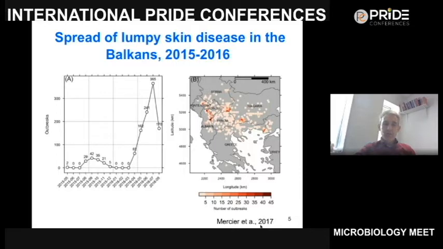During the summertime in 2015, we can see there were many more positive reported cases than in wintertime, and the same was happening here in 2016. Of course, when this exotic disease entered the European countries, mass vaccination started immediately in this area. And because of this, after starting mass vaccination, the number of reported cases went down. Next slide.